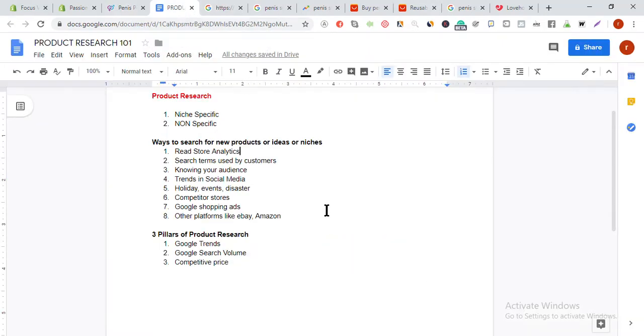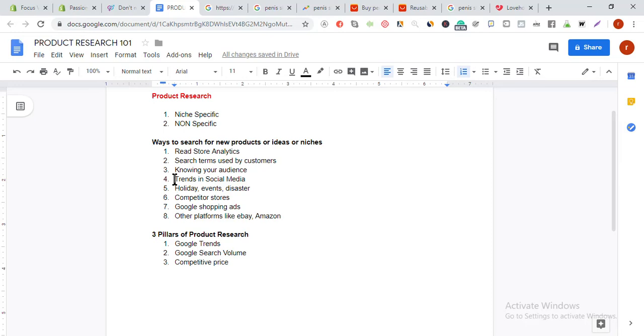So you can also use that as one of your bases, or knowing your audience. This is knowing your audience for a niche specific store, you already know for sure, right? Those ones that are interested in sex toys, all about those things. So yeah, there you go.